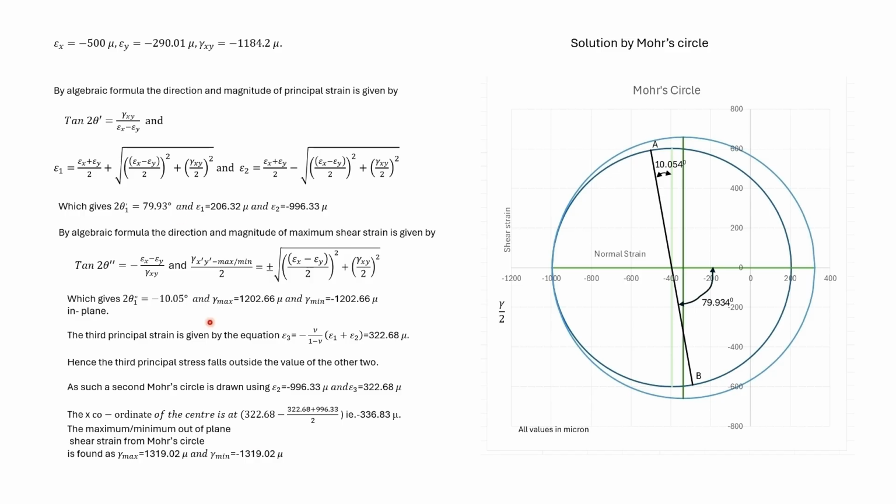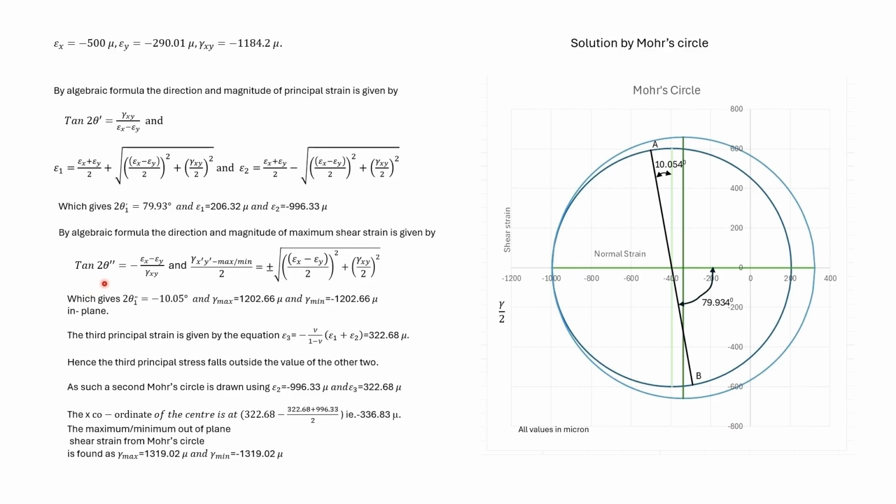These are the values of normal strain and shear strain obtained at A. We use these equations to find the direction and the magnitude of the principal strains. So here we have found the direction and the values of epsilon 1 and epsilon 2.